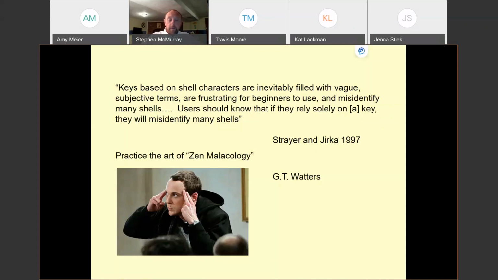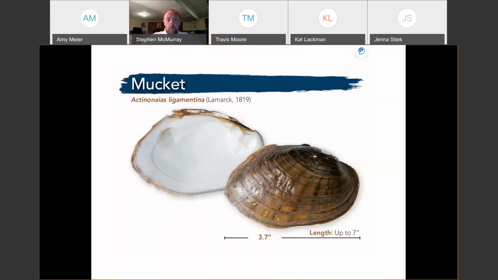And I mean some of this tongue in cheek as well. But so what is the art of Zen malacology? Well, the art of Zen malacology, this is a mucket. It's a mucket because, well, we know it's a mucket. I know that's difficult to get, and it sounds almost like I'm being a jerk about it, and I promise I'm not. But you know, there are characteristics that we can use. The shell, it's a nice, thick, heavy shell, sometimes with a raying pattern.